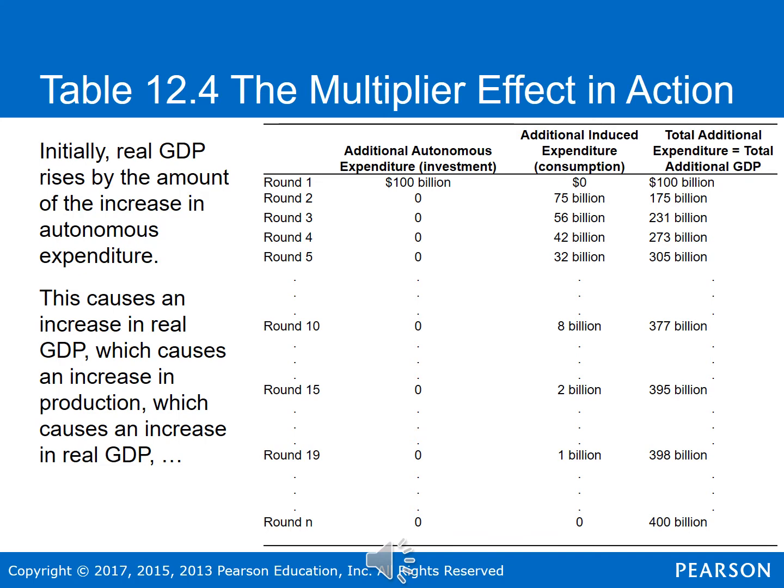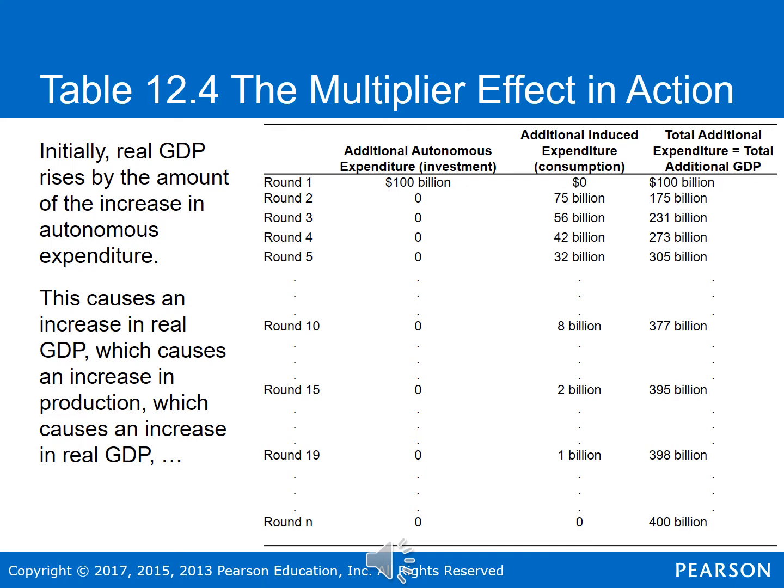So in this example, the income is received as wages and salaries by the employees of the construction firms, the people actually building those factories and office buildings, and as profits by the owners of the firms and so on. Now after the construction workers and the owners of the firms receive that additional income they weren't receiving before, these workers, managers, and owners are going to increase their consumption of cars, appliances, furniture, and all these other products in the economy.